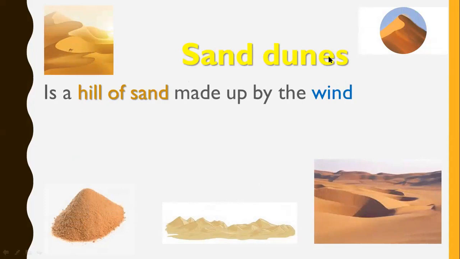The wind moves sand from here to here, so it makes the sand dunes. Here, 1, 2, 3, 4, 5. Here you can see large sand dunes, different kinds of them.